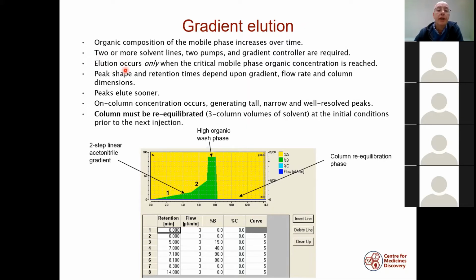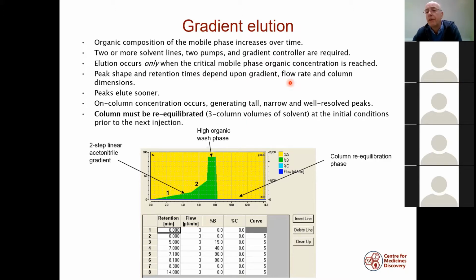Elution from reverse phase only happens when the critical mobile phase organic concentration is reached. The peak shape and retention time depend on the gradient, the flow rate, and also the column dimensions. The peaks will elute sooner than on isocratic elution.